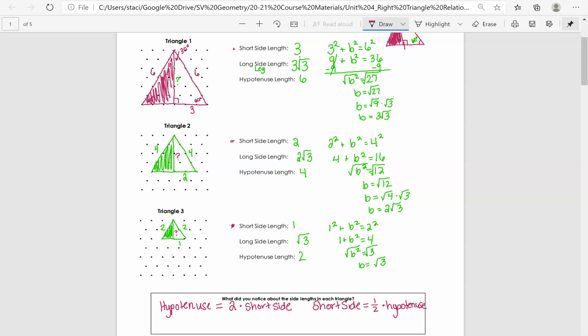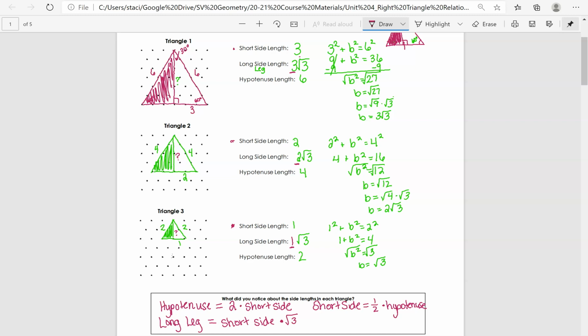And hopefully you're recognizing that the number in front of each square root of 3, and on this triangle 3 you could technically draw a 1 in if that helps you, is actually the short side's length. So if I want to find the longer leg, or the longer side, I'm going to do the short side times the square root of 3.